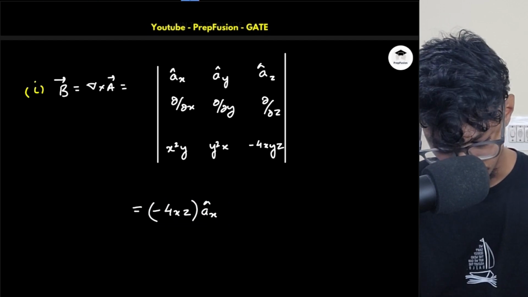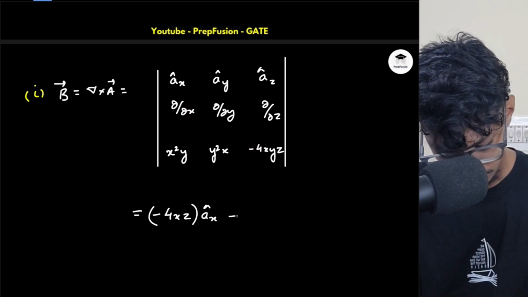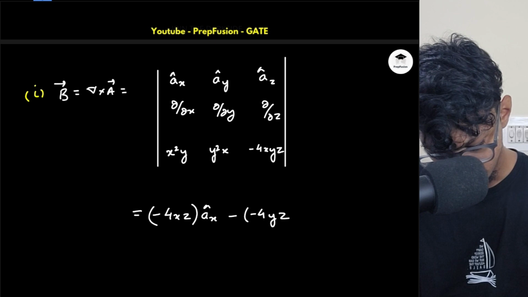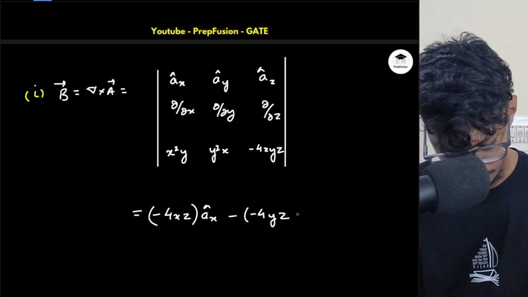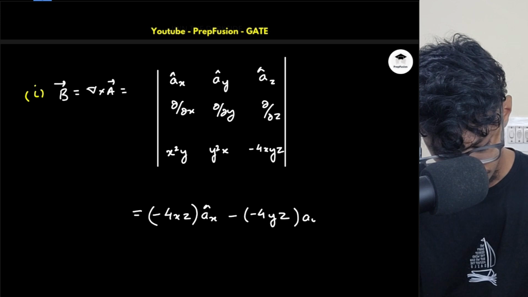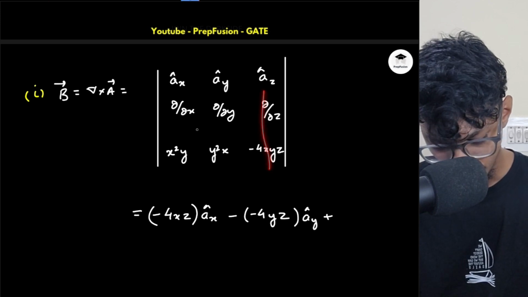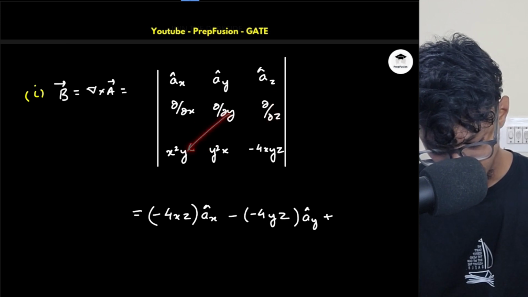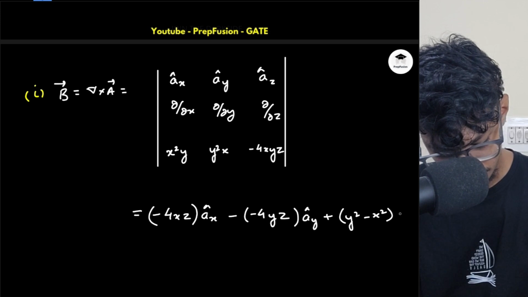Then this will be minus 4YZ, and this is again 0, so AY cap plus Y square minus X square AZ cap.